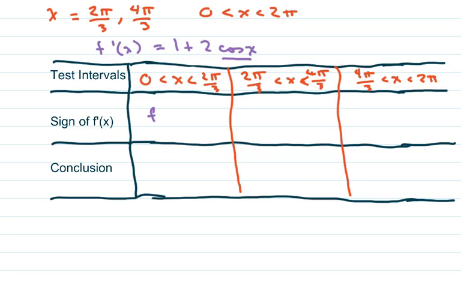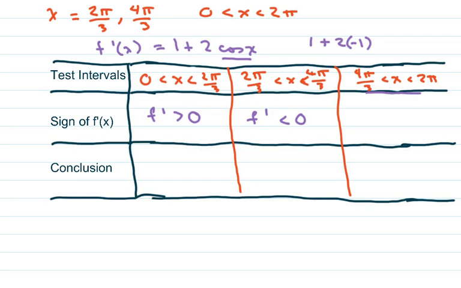Well, 1's a positive number, so the sign of our derivative is positive. When I plug in a number between 2 pi over 3 and 4 pi over 3, let's plug in pi, we're going to get 1 plus 2 times -1. So that's going to be negative.